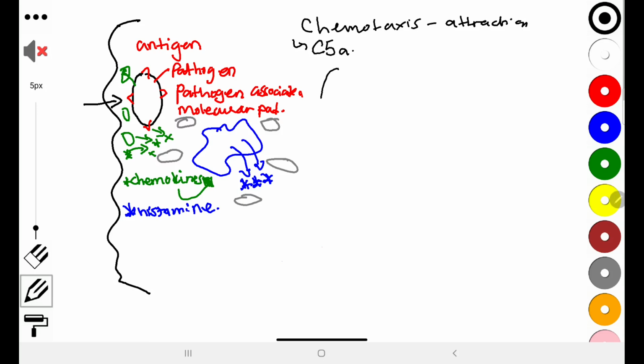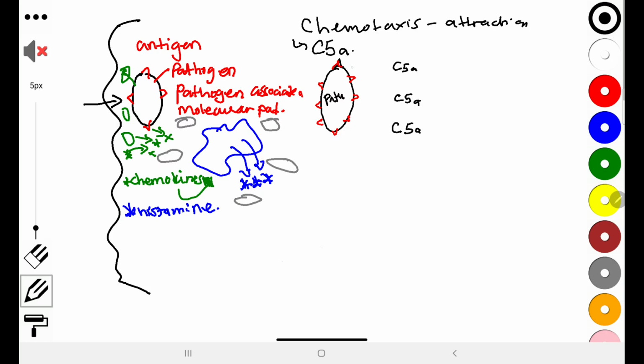The next thing we want to know is that the pathogen has C3b proteins on its surface. So it's being attracted to the phagocyte by C5a, and this is known as chemotaxis.